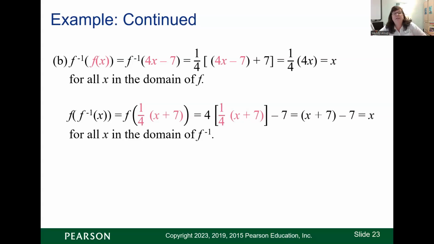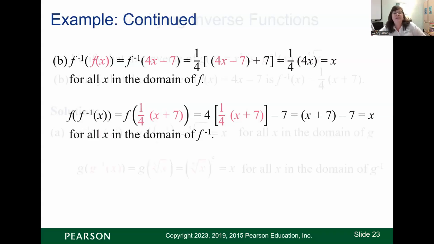That's 4 times 1/4 x, which comes out to x plus 7. Those cancel out, so x plus 7 minus 7 is just x. And vice versa, 1/4 times the f of x plus 7. That's just 4x, so 1/4 times 4x is x. They do indeed undo each other.